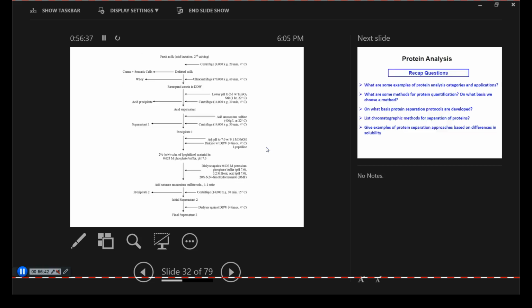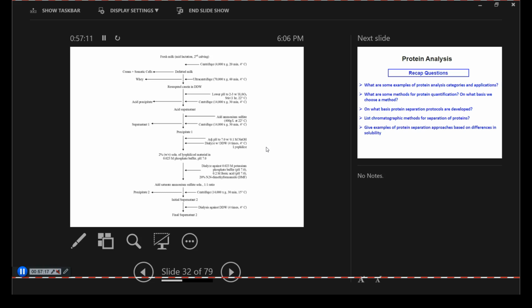Okay, here is an example just to illustrate the complexity of purifying a singular protein. This is something I worked on when I was a postdoc at Purdue. In this extraction, we are specifically targeting an enzyme inhibitor in milk. Starting with milk, you want to get rid of so many different components and end up with just one isolated fraction of inhibitors.